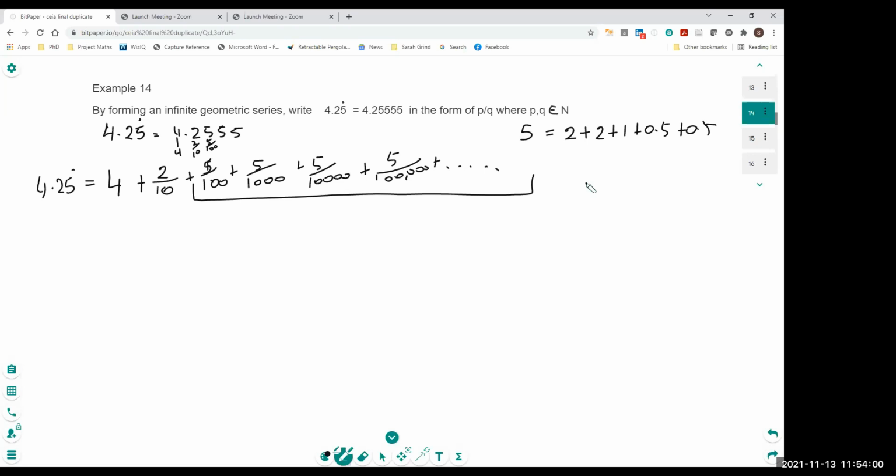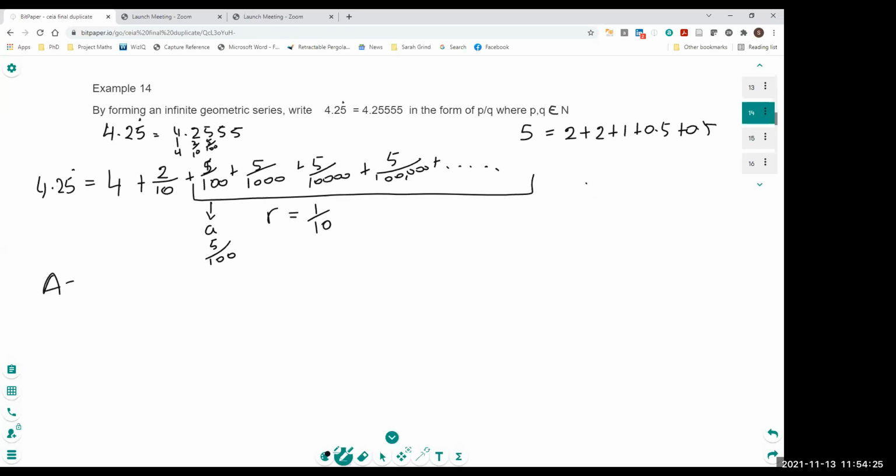It's a series where the first term a is 5 over 100. And the recurring term, the common ratio, is what? They're all multiplied by 1 over 10. So r is a fraction in this case.